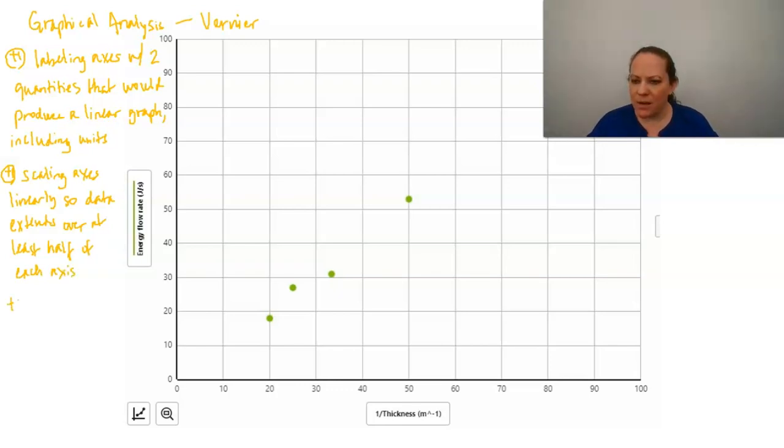And a third point we could talk about at this point would be for accurately plotting the data.